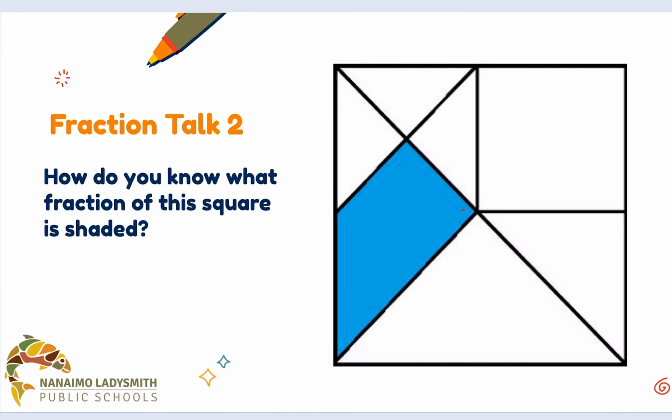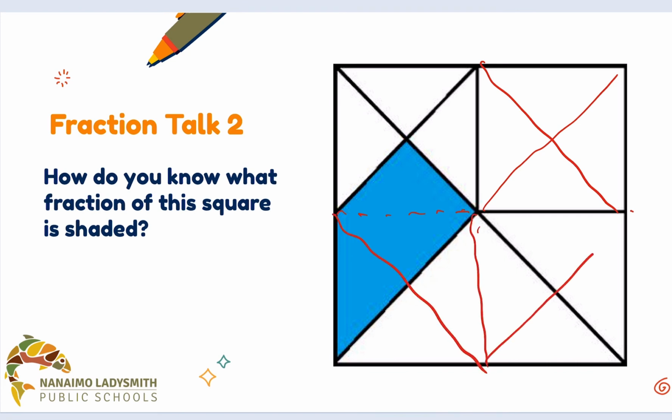Okay, so looking back on this one, what we might get the students to do, or a strategy that other students in the class might be doing, and so sharing that collective knowledge in the class, is they might partition this up. They might say, all right, so now I'm separating this up into different pieces, and now I have 16 pieces that are of equal size. This could just be one of the strategies that they use. And now they see that they have 1/16, 2/16, and 3/16.